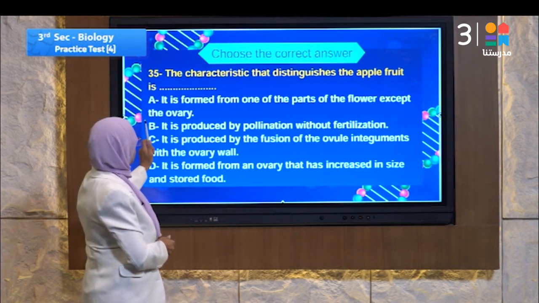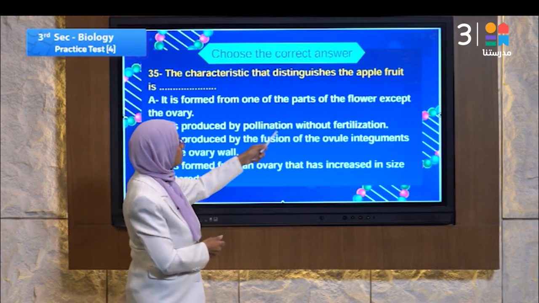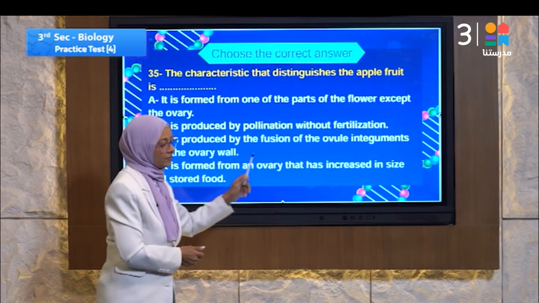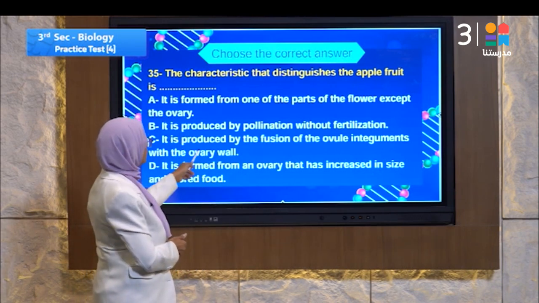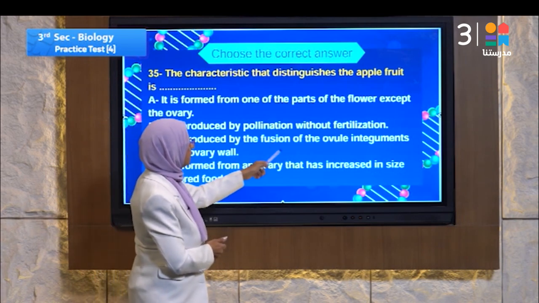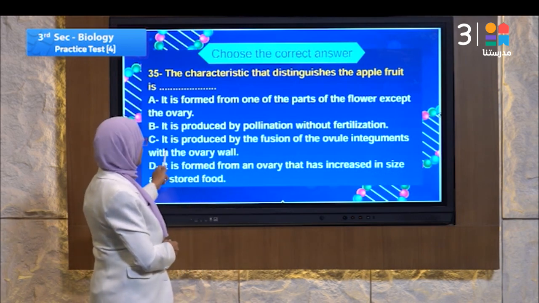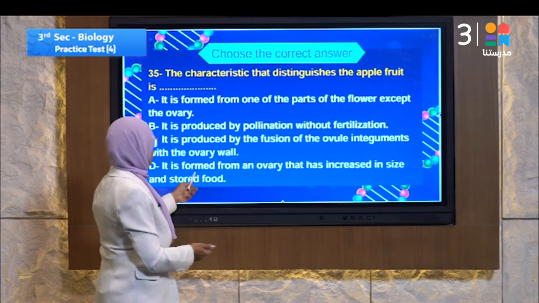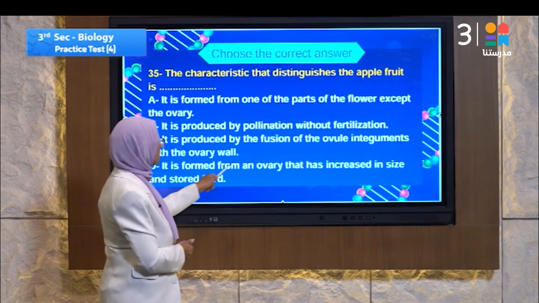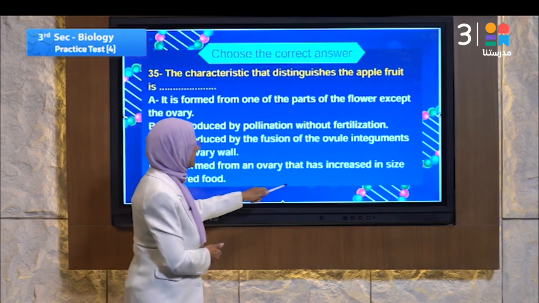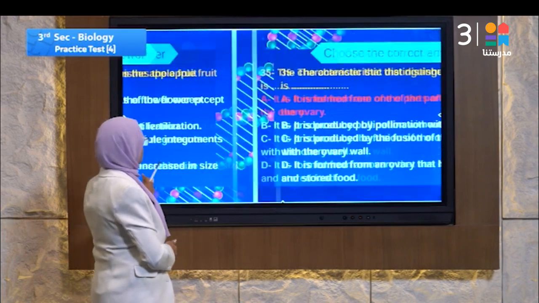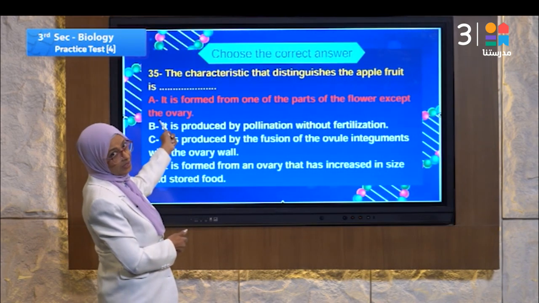B, it is produced by pollination without fertilization. It's not. C, it is produced by fusion of ovule integuments with the ovary wall. D, it is formed from the ovary that has increased in size and stored food. The answer is number A.